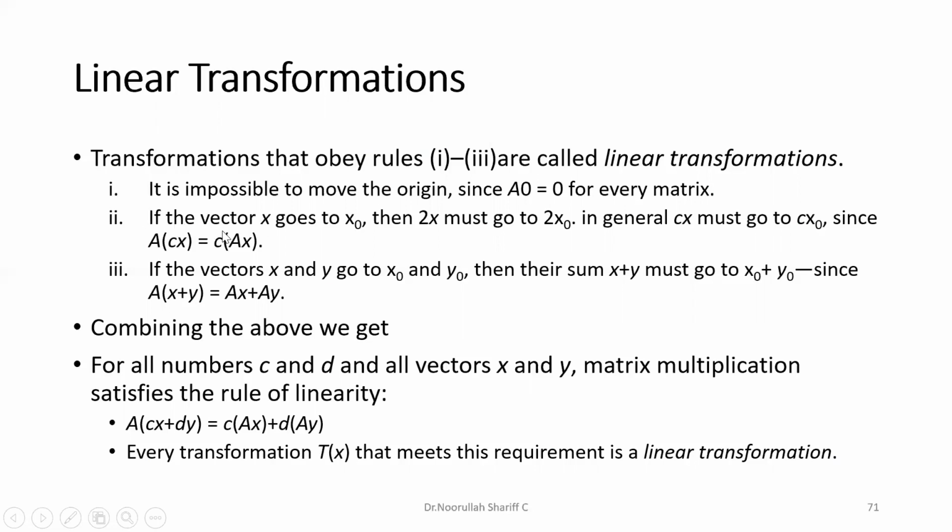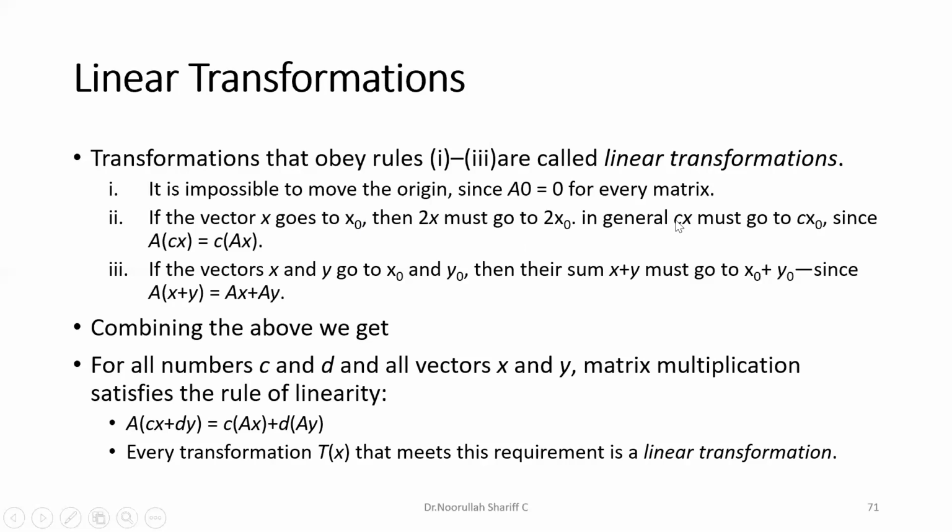If a vector x goes to x naught, then another vector which is 2x, the multiplication of x by 2, must also go to 2x naught. That means if we transform x into 2x, then x naught also gets transformed to 2x naught.